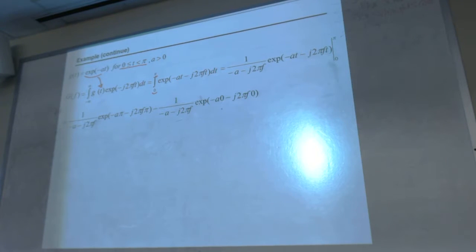Okay, let's do some simplification. e to the power of 0, what do I get here? 1. And then I get something there.